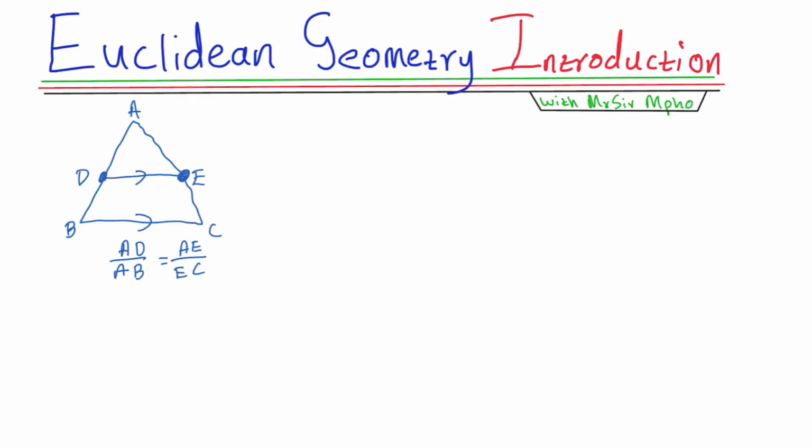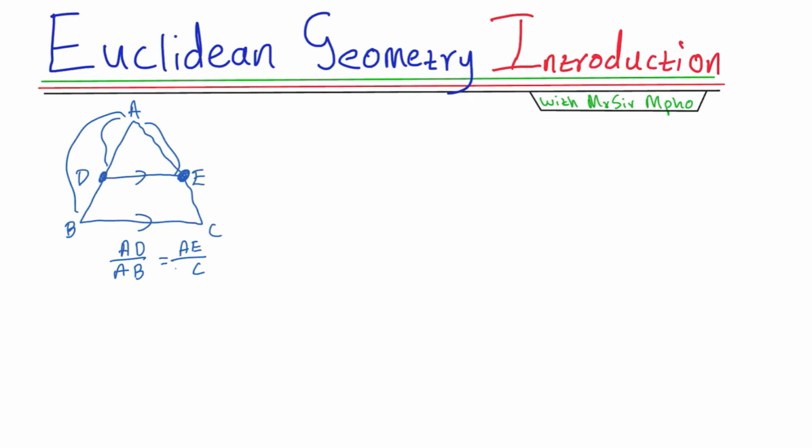It cuts the other two sides in equal proportion, meaning the ratio or the fraction on one side will be equal to the fraction on the other side. Actually, I made a mistake, I'm sorry.